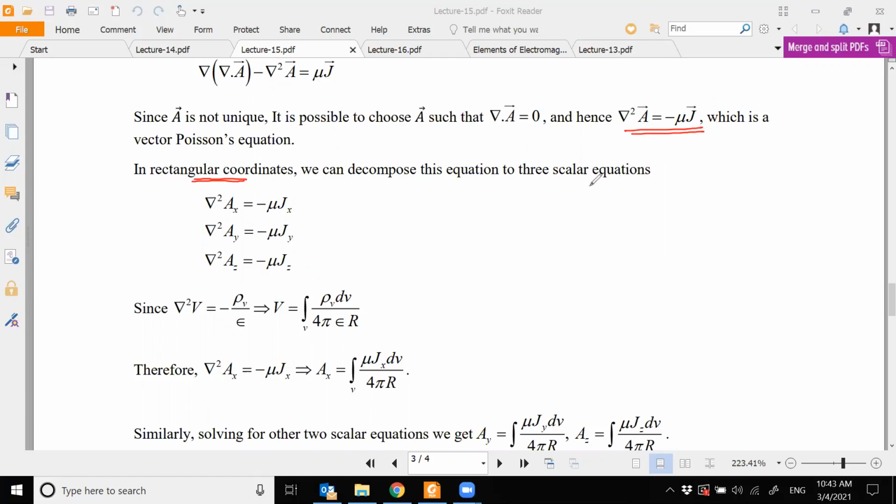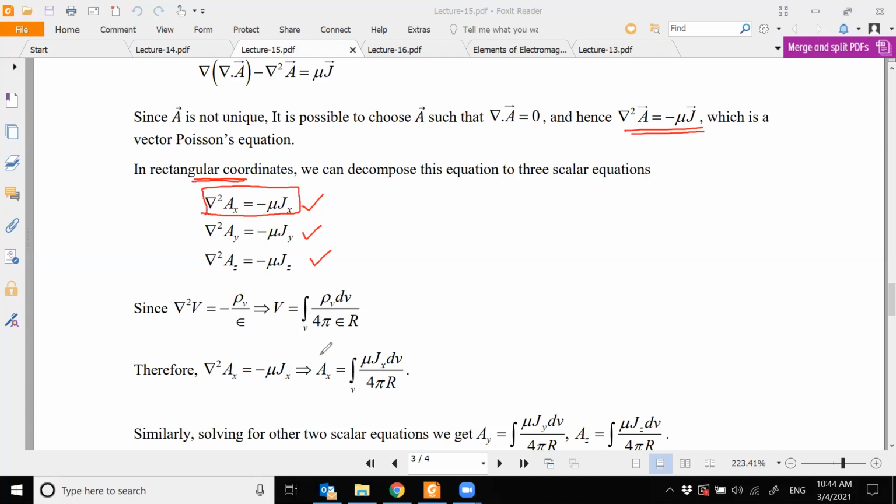We decompose it for the X case, Y case, and Z case. So I am decomposing the vector Poisson's equation into scalars. So I have 3 scalars: del square AX is minus mu JX, del square AY is minus mu JY, and del square AZ is minus mu JZ.